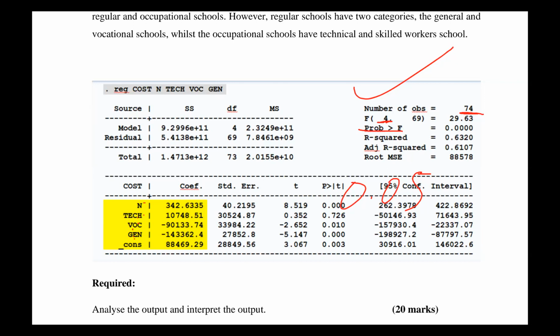So looking at this one, it means that there is a statistically significant relationship between these variables and the Y variable, because it is less than 0.05. Now, you're not looking at them one by one, you've consolidated them, putting them all together. Is that clear?